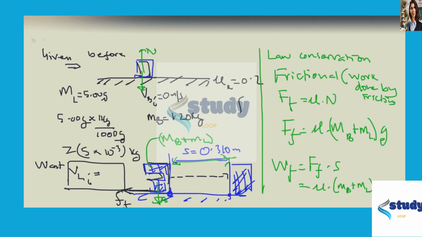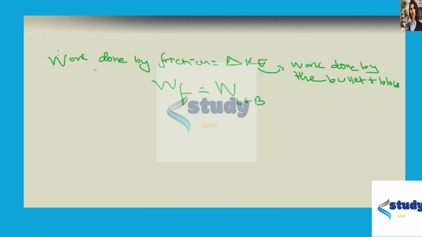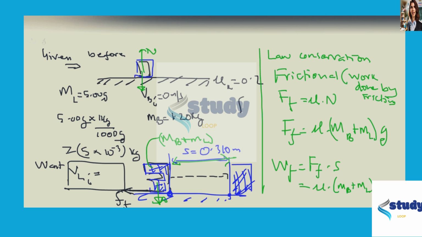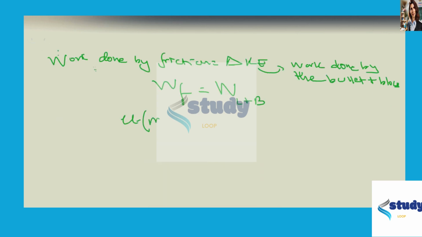Work done by friction from this side is mu (mb + ml), so mass of bullet and mass of block, g s. And then we want to find the change in kinetic energy of the system.